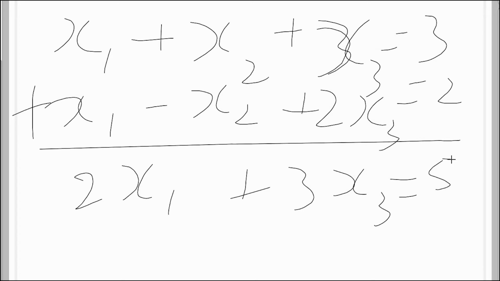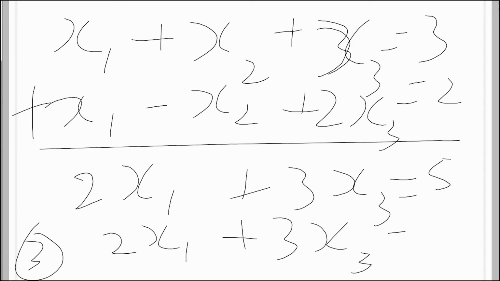And comparing this to our third equation, which is 2x1 plus 3x3 is equal to 1, you can see these two things are contradicting. How will 2x1 plus 3x3 give us 5 and at the same time give us 1? It's not possible. So for this type of equation, we say they don't have a mathematical solution. There is no solution to this system, for example.